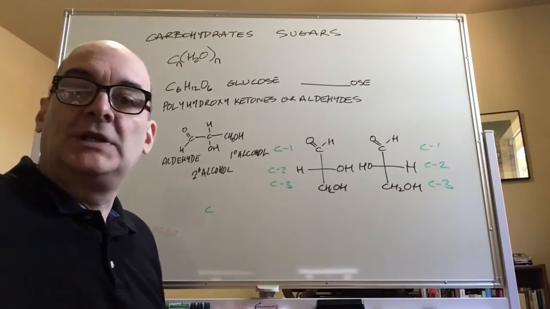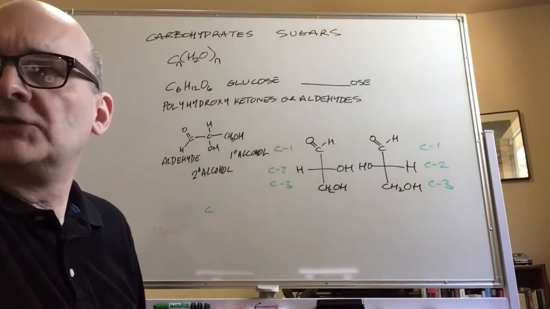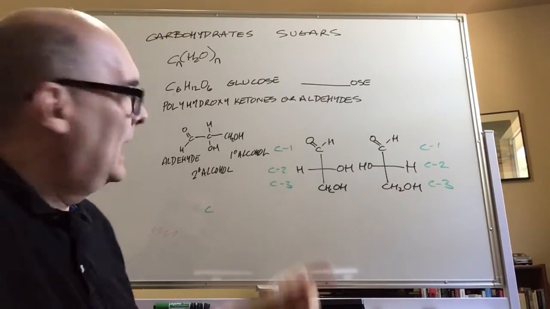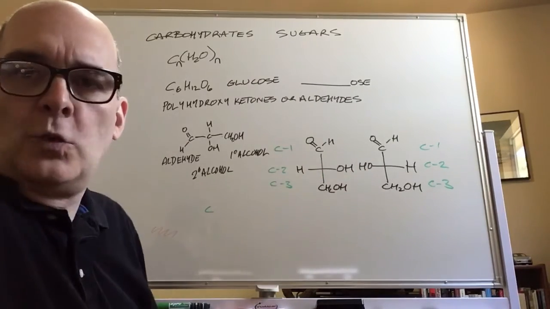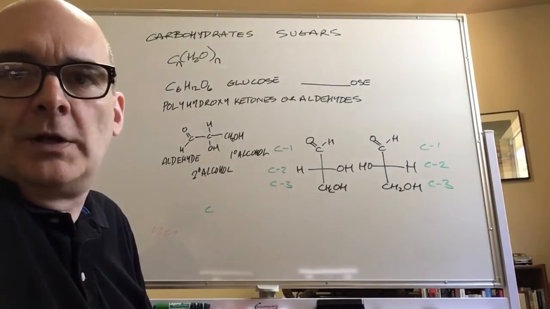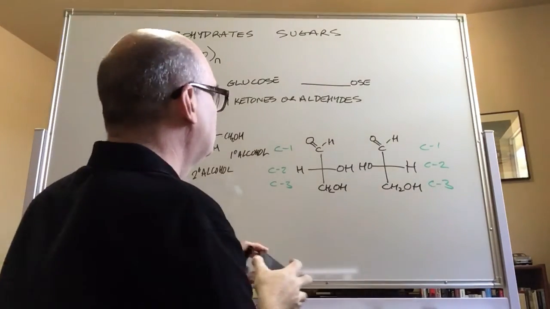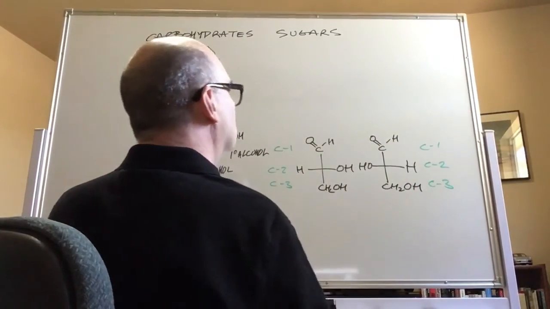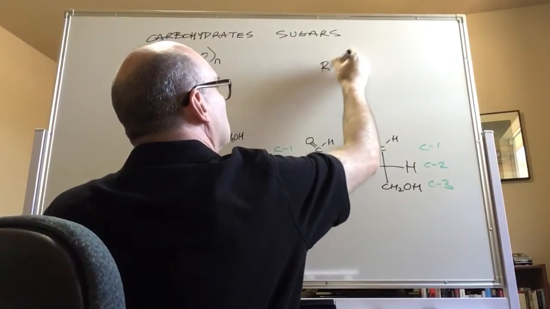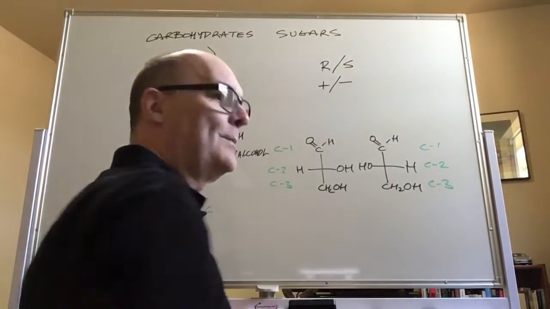So in this particular sugar, carbon 2 is chiral. And that gives me this isomer and that isomer, one of which is an R and one of which is an S. One of which is a plus and one of which is a minus.